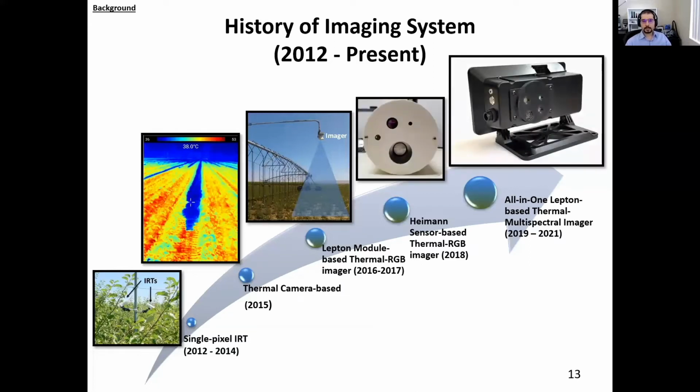And the last one is my most recent development, and it's a thermal multispectral imager. But in addition to thermal and multispectral imaging, it also relies on other types of measurement. It measures the distance from the target and other things. I will provide more details about it in the next slides.